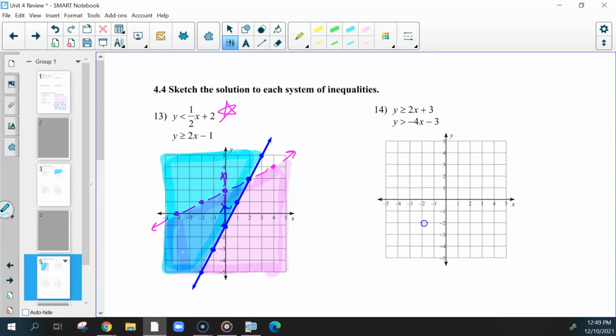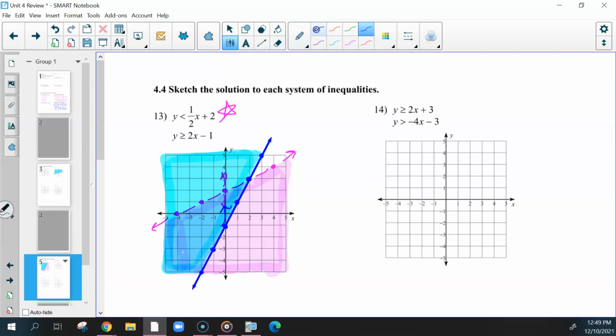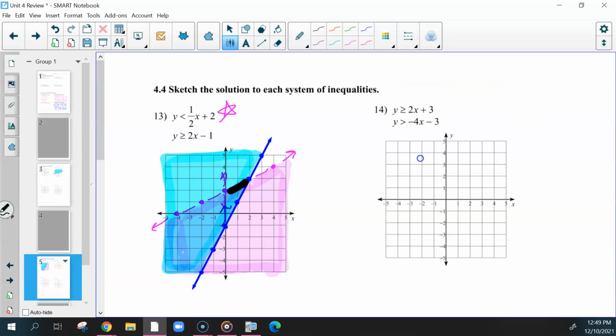So if you're using the same writing utensil with different shading methods, you can either outline this area, or if you're doing them both in pencil, you can highlight that area.